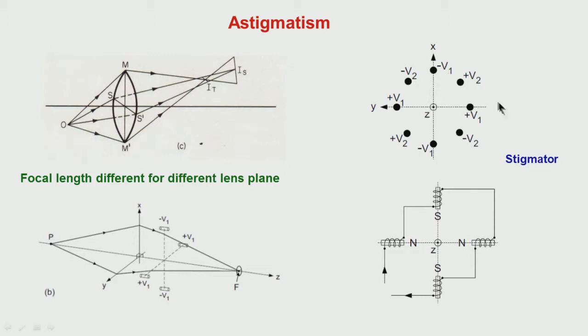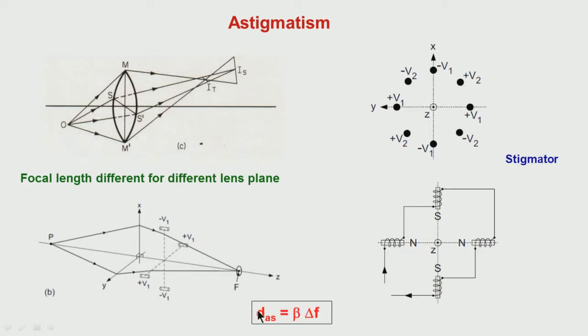So, with an electric field we can generate a stigmator, or we can keep magnets also like this. Here some magnets are there, the north pole on these two sides and the south pole here. Again, this is how the field lines will be moving. Because of these field lines, only the peripheral rays will be affected. By controlling the strength of this magnetic field, we can correct for the astigmatism of the lens.